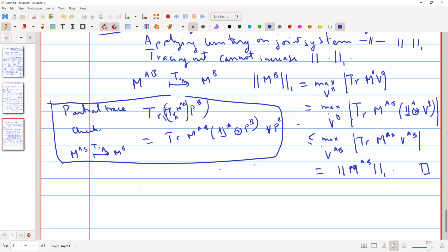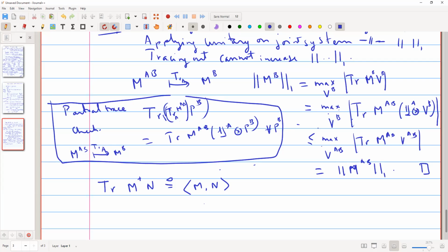This operation, trace of M dagger N, is actually an inner product on matrices. I take two matrices M and N, and I define their inner product this way. In fact, this should not be a surprise at all. For trace of M dagger N, you can check what it is: stretch the matrix into a long vector.